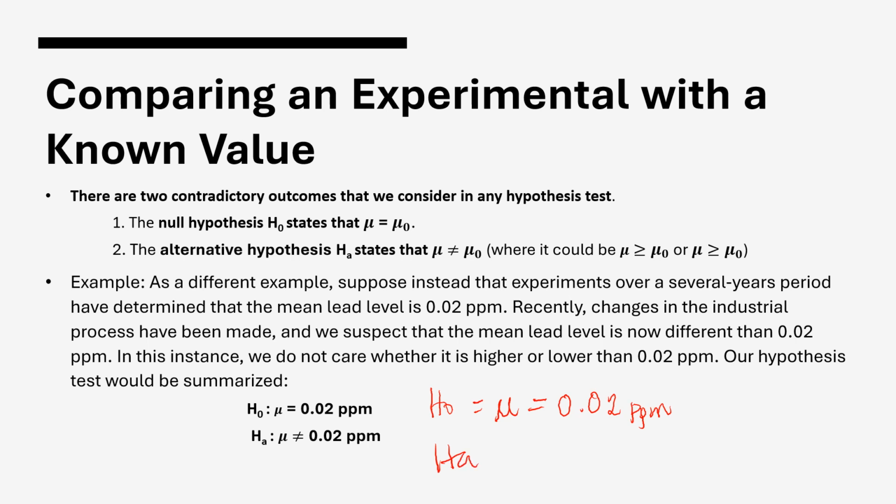But your alternative hypothesis is that your population mean is not equal to your known value of 0.02 ppm. Since you are only concerned about the difference in your lead level, you don't infer whether it exceeds or is less than the known level.